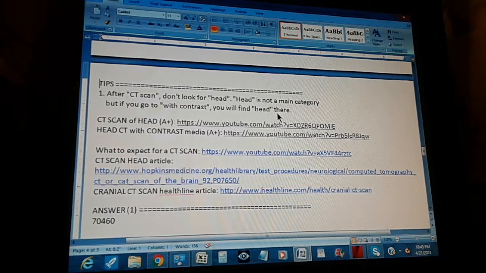So it's just a little trick: you gotta play with the keywords, and sometimes they're not in the same order as they are put in the problem. You just gotta shuffle them around. That's the only tip that we have, and with that you should be able to get it.